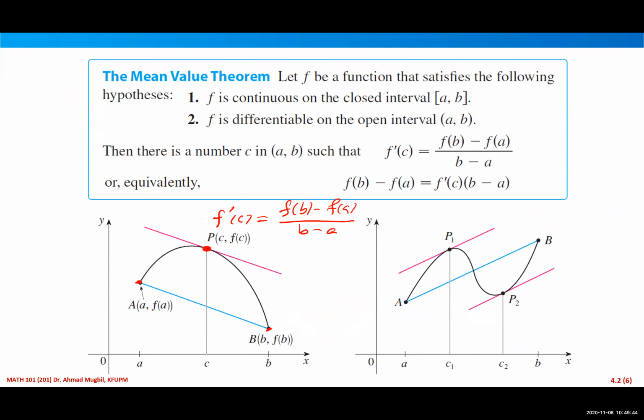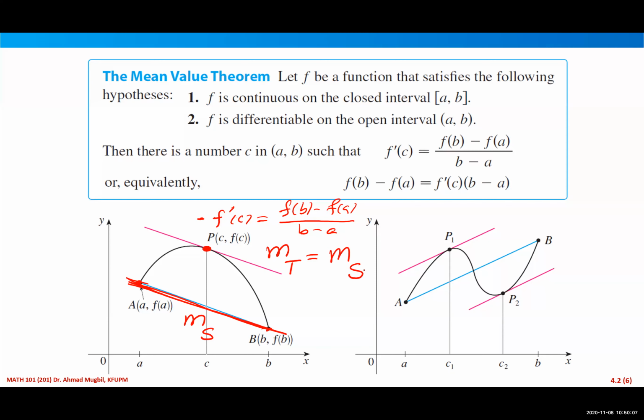The derivative at the tangent point is equal to what? To the slope of the tangent. Is that right? And what is this? It is equal to the slope. Let's call this one a secant. It intersects the graph twice. So the slope of the tangent will be equal to the slope of the parallel secant.